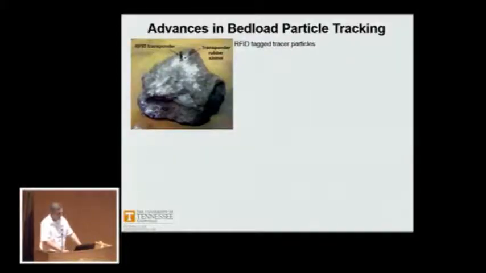The last thing that we have been working on, and Christian also mentioned the Lagrangian type of movement, is the use of radio frequency IDs in particles. We're using passive RFIDs because you can penetrate through water and sediment bed.